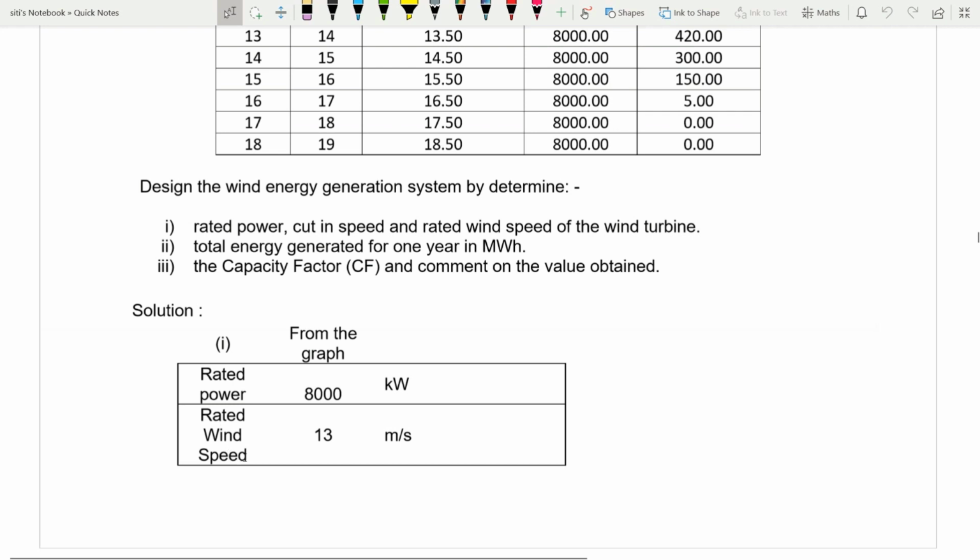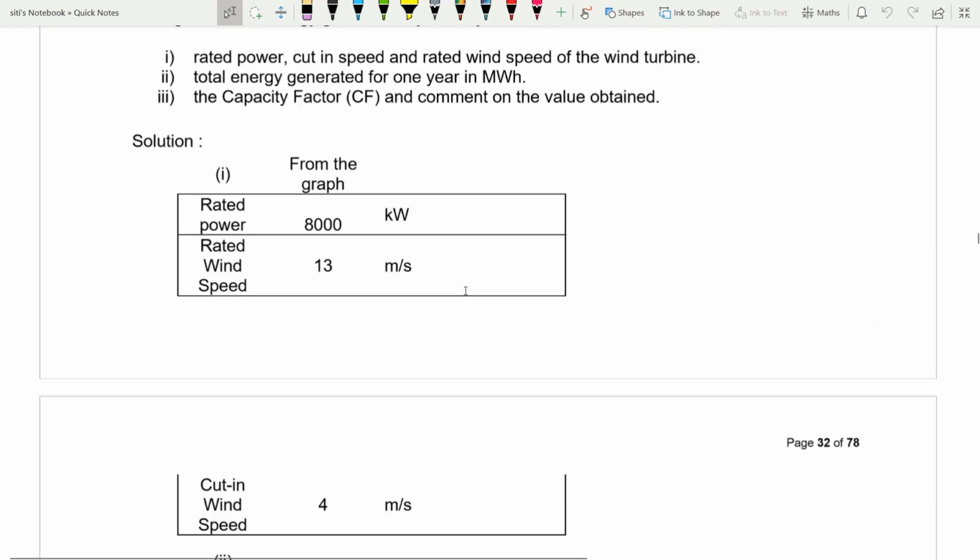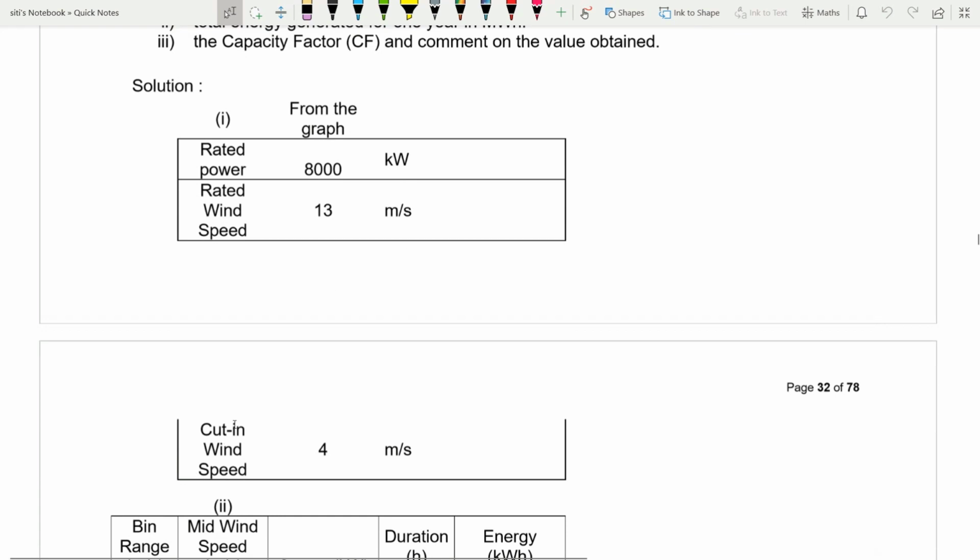And then the rated wind speed is when the graph starts to become constant, which is at 13 meters per second. Don't take the mid-bin range. So it starts to become constant at 13 meters per second. The cut-in wind speed is when the turbine starts to rotate and produce power.